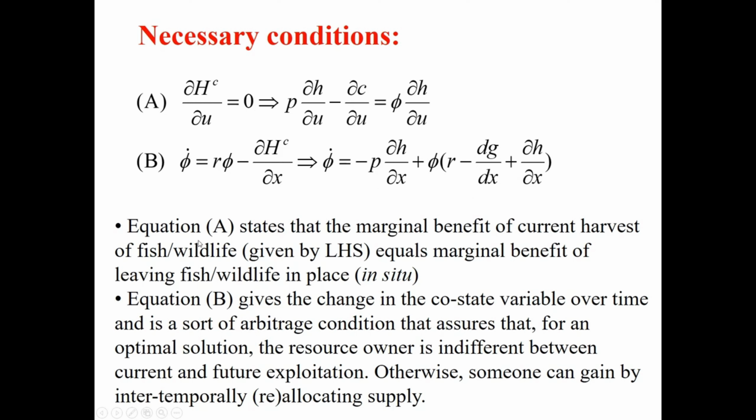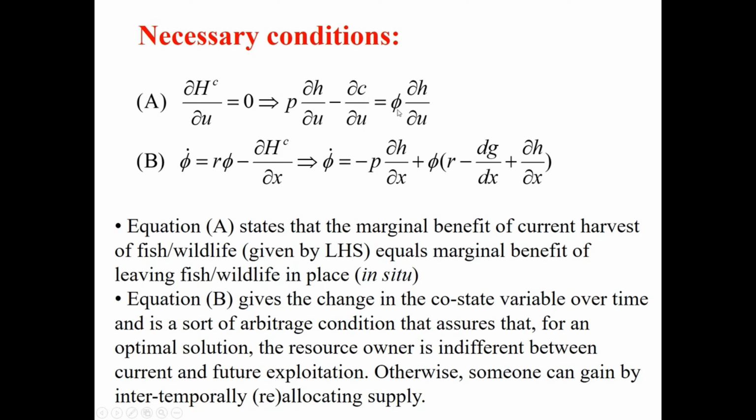Let's first look at equation A, which states the marginal benefit of the current harvest of fish or wildlife. That's the left-hand side. So a marginal amount of effort gives a certain amount of harvest, which we multiply by price, subtract the cost from that, and that gives us the marginal benefit of the current harvest.